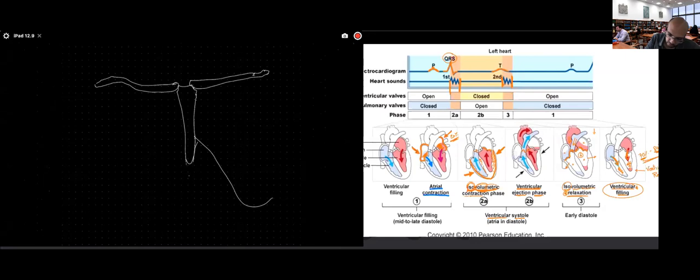And this would be my second, third, fourth, fifth rib, fifth intercostal. So this is going to be first, second, third, fourth, and fifth intercostal space. It's the mid-clavicular line.